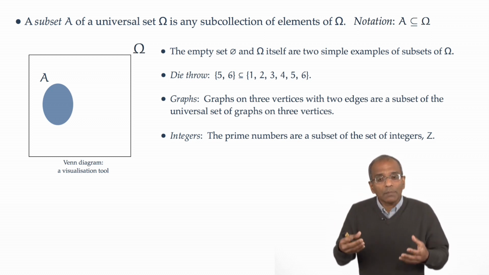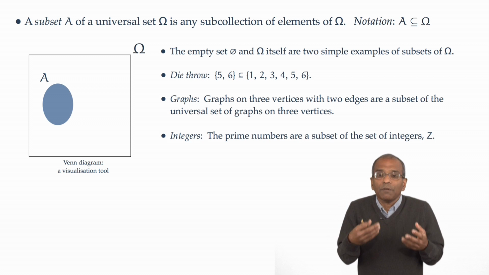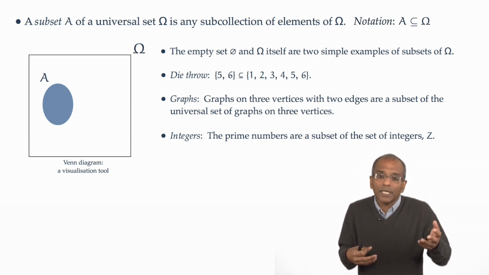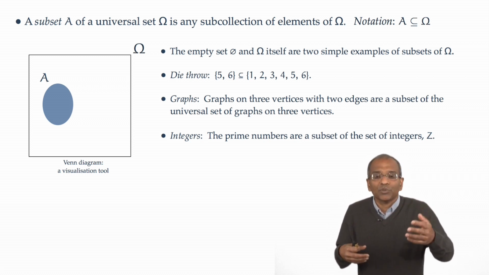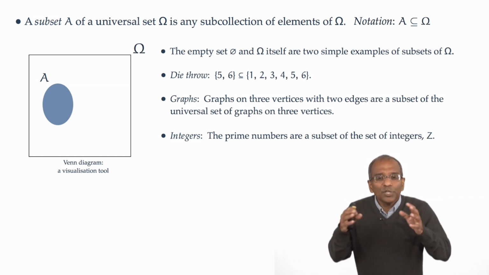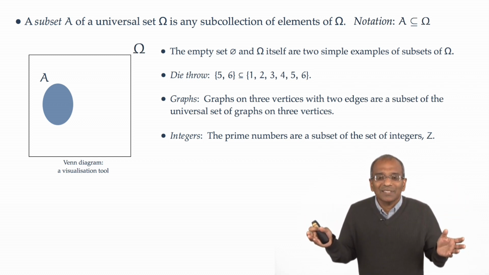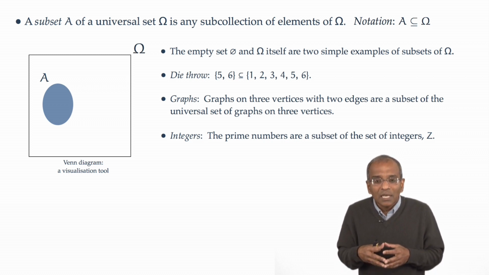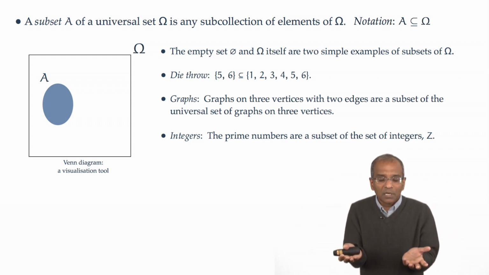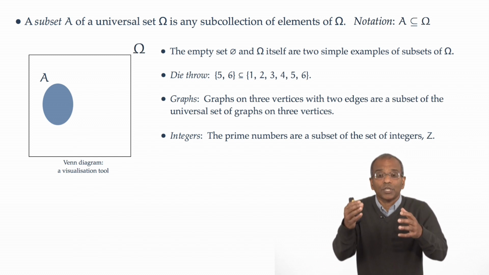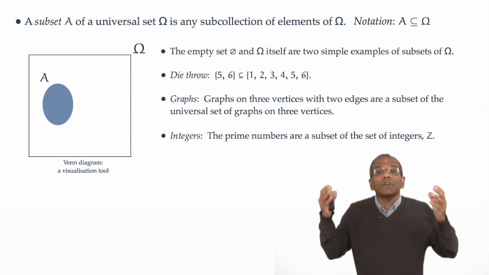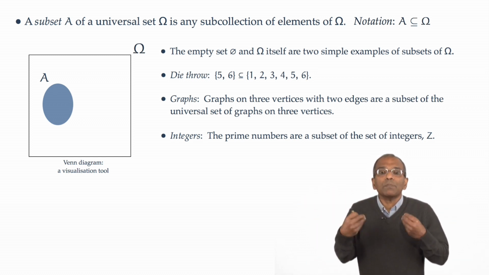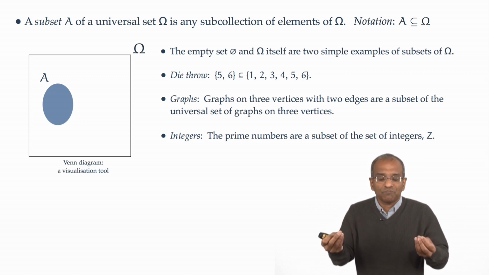The collection of prime numbers, the numbers 2, 3, 5, 7, 11, 13, 17, 19, 23, and so on, Euclid knew there were an infinity of prime numbers. Okay, and you might have seen a proof of this in an elementary class. But the collection of prime numbers clearly is a sub-collection of the collection of integers. The prime numbers are a subset of the integers.